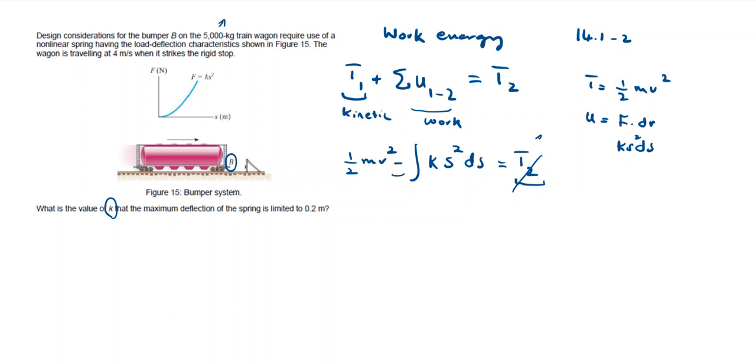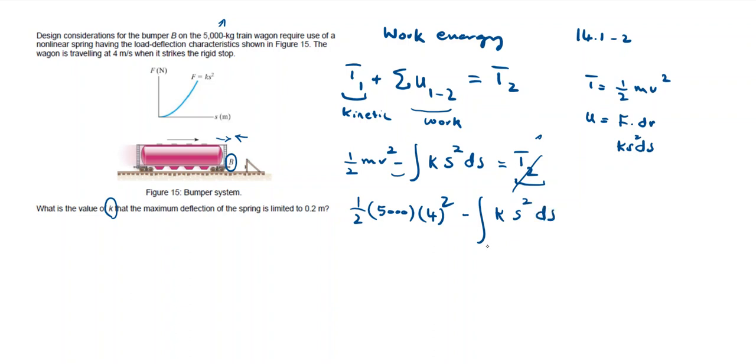And why is that negative? Because the work acts in the opposite direction. The wagon is coming this way, but the work acts in the opposite direction. So it is half of m, which is 5,000, times the initial velocity of 4 meters per second squared, minus the integral of k s squared ds.